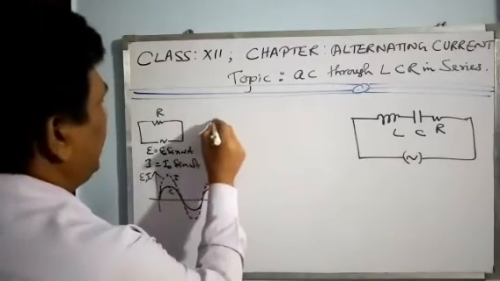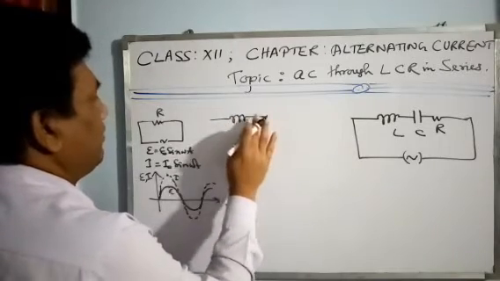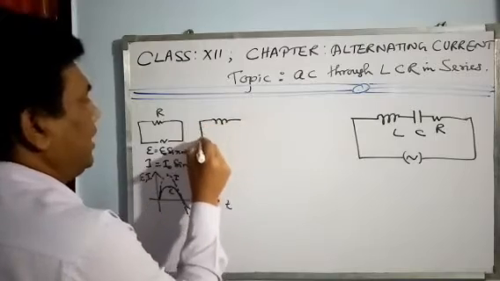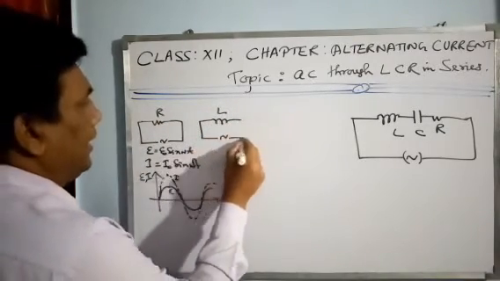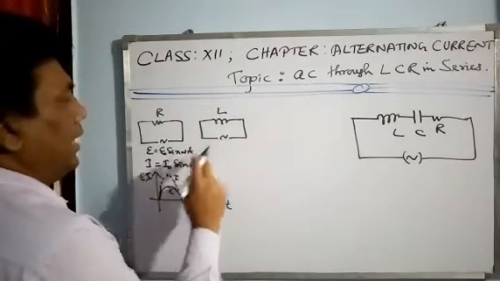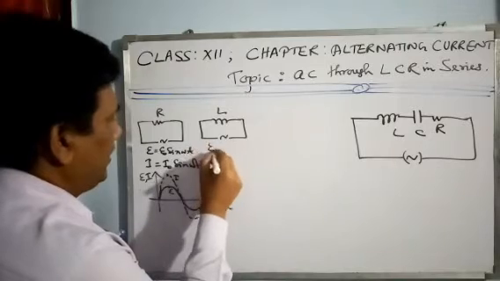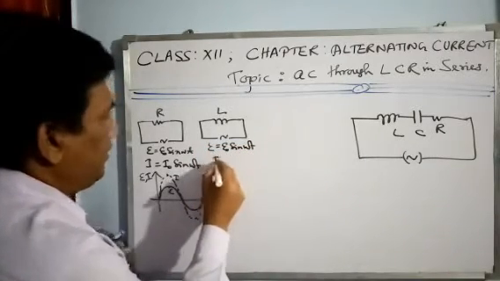Now you see, in case of an inductor, say I was having an inductor. This is inductor. Okay, inductor only, and again it is fed into AC. Here also I see the EMF is E naught sin omega t. Are you getting my point?